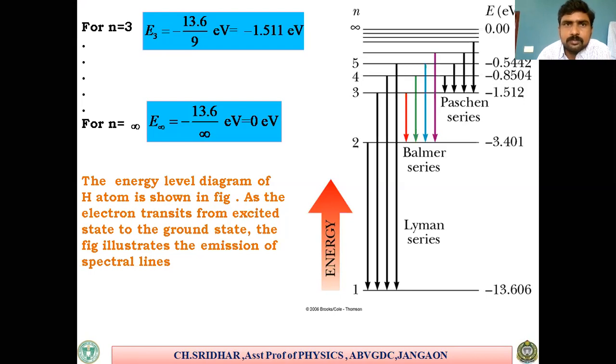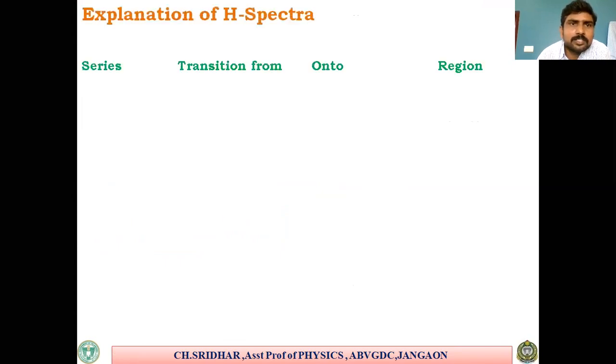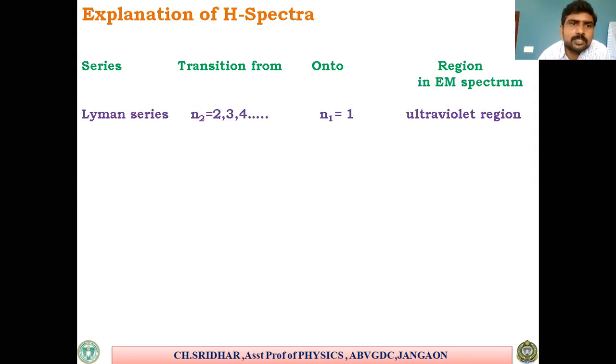If you look into the series consolidated, the explanation of the hydrogen spectra, we have the series, transition from, transition onto, and the region. The first series is the Lyman series.